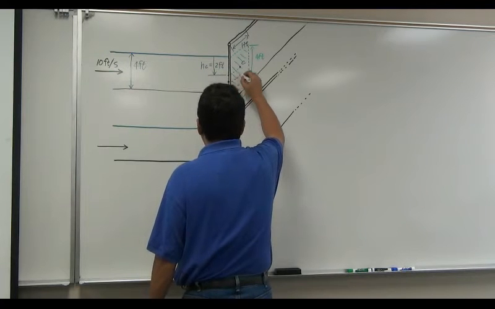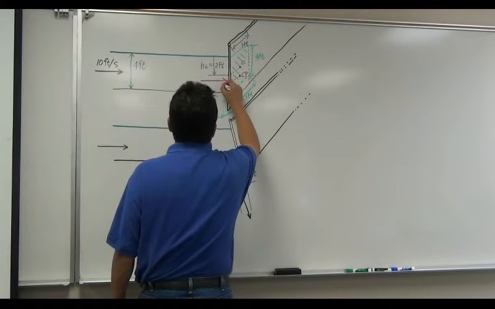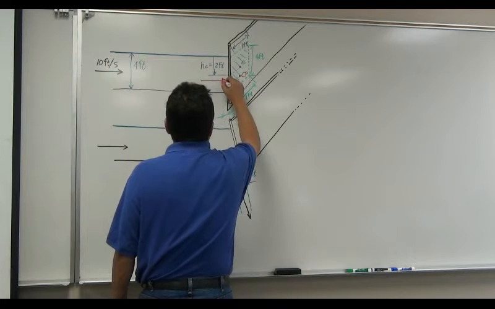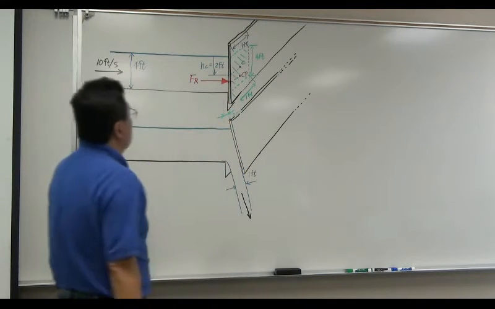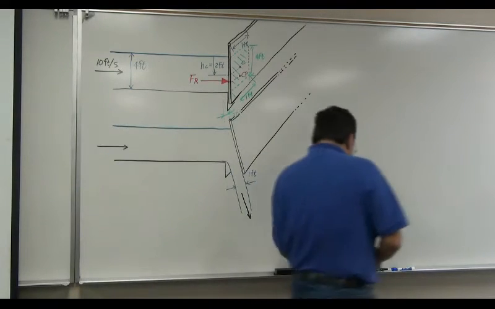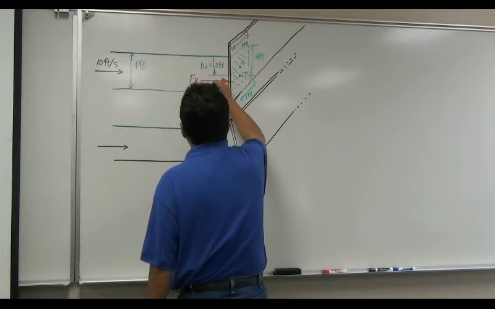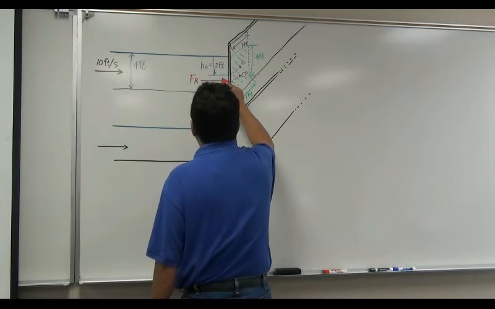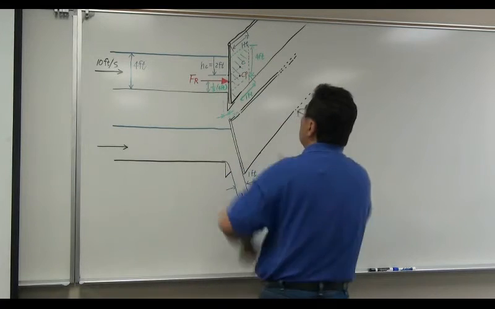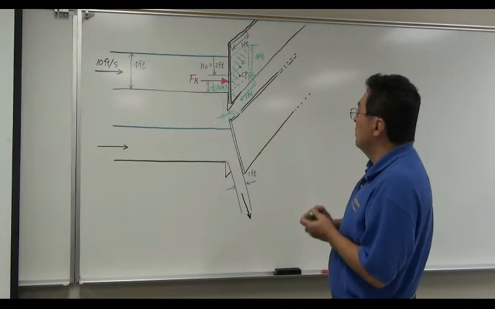You are going to create center of pressure. Hydrostatic resultant force is going to be developed. Okay. What is the location of this center of pressure? Of course, you know, 1/3 of 4 feet measured from bottom, 2/3 of 4 feet measured from the top of the surface of the water.